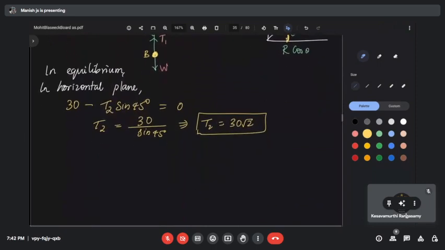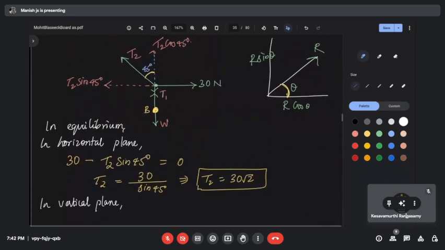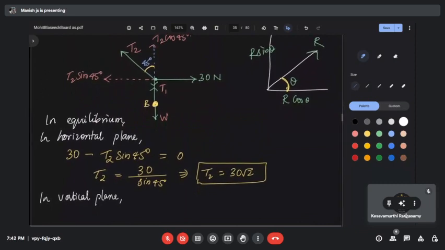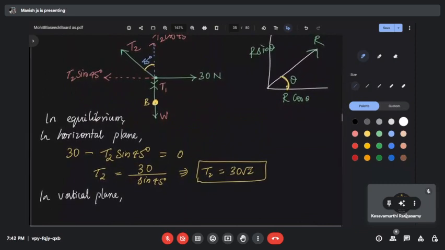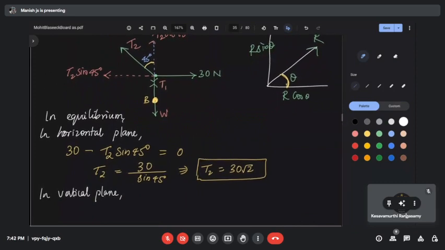Now you can write the expression in the vertical plane. In the vertical plane, at the top we have T2 cos 45, isn't it? And at the bottom also you have the components.